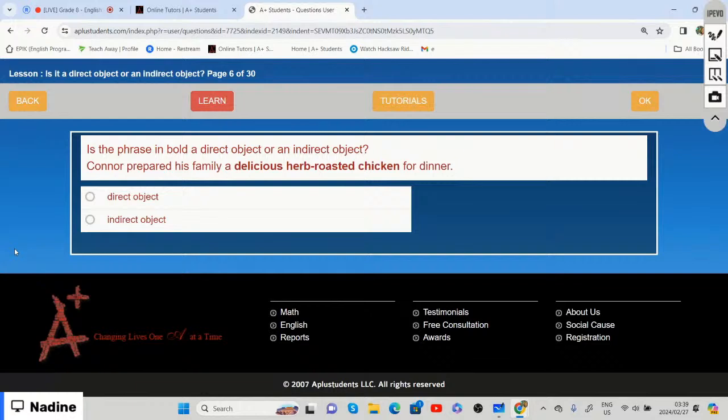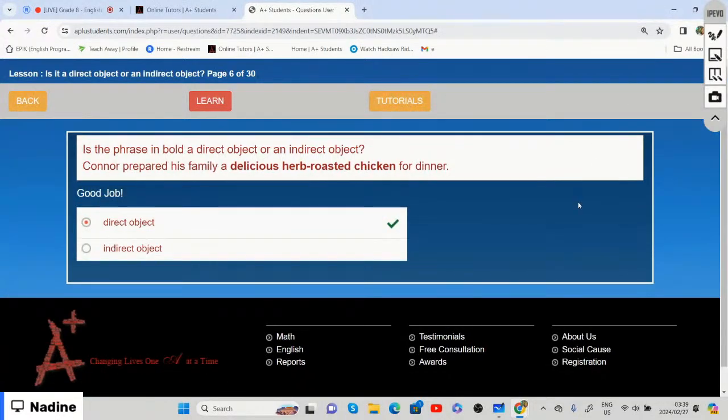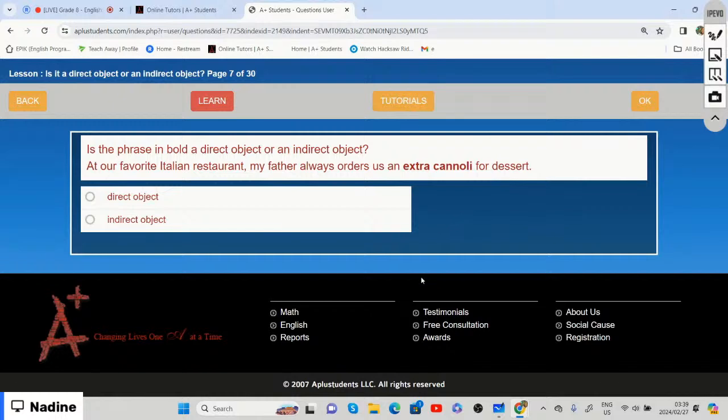So we need to ask ourselves, what did Connor prepare his family? And Connor prepared his family a delicious herb roasted chicken for dinner. And yes, Gigi, a direct object is correct. So well done.